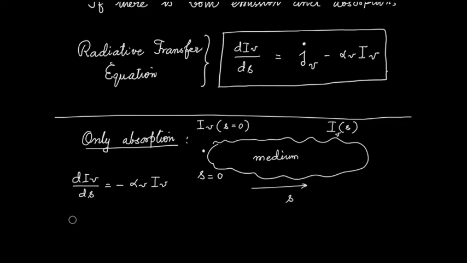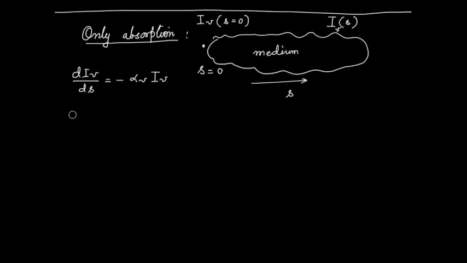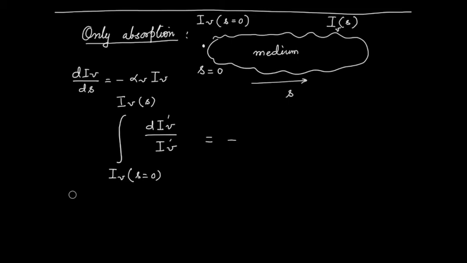Remember that alpha nu is the number density times the cross section. It can change along the medium. There can be different types of processes along the medium which will change sigma nu, and there can be different number densities along the medium which will change n. So it can be different along the medium. So alpha nu is also a function of s. So how do I solve it? I have dI nu by I nu. This I integrate from s equals 0, where it is I nu at s equals 0, to I nu at s.